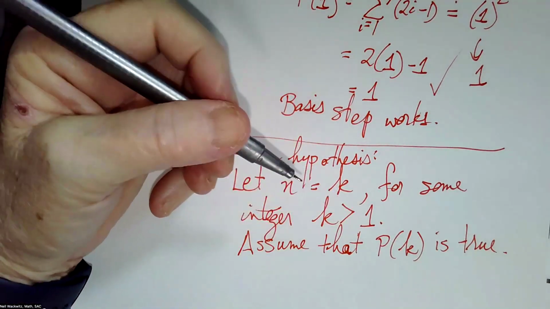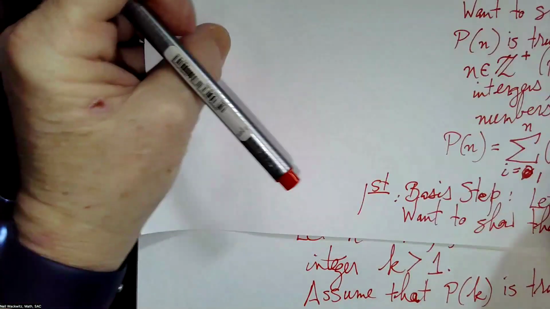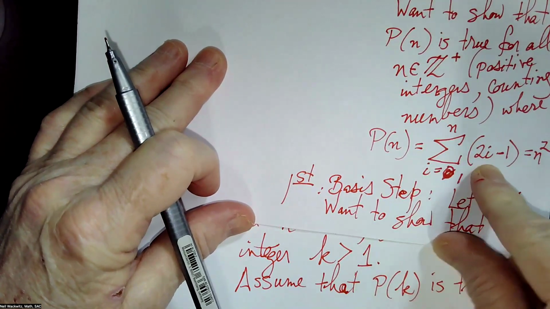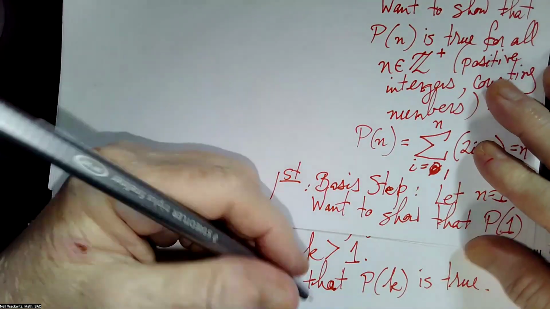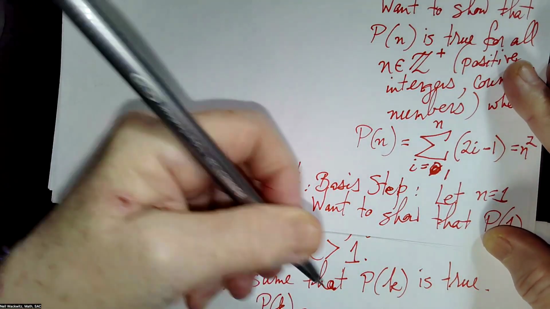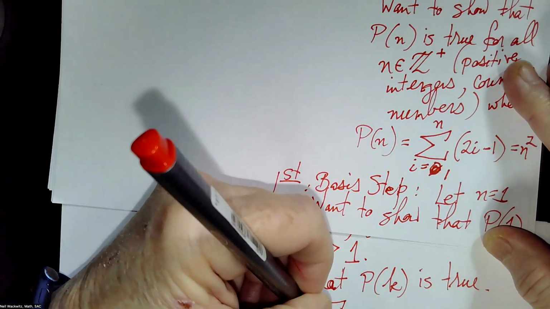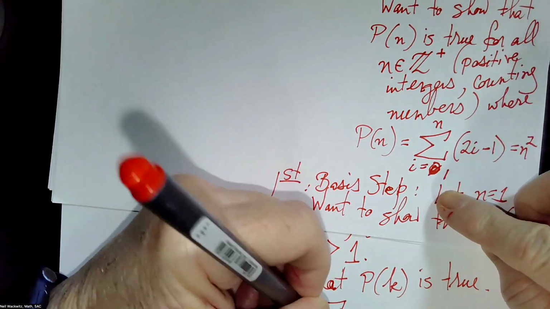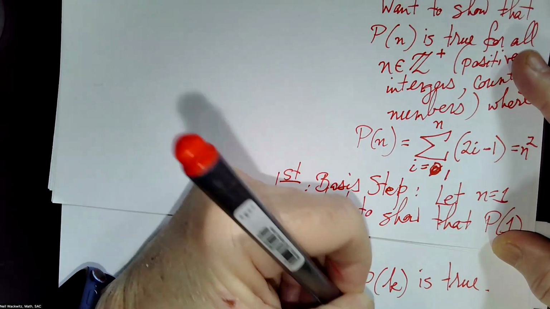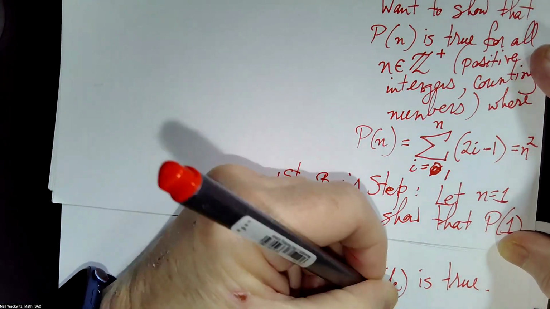P of k. I need to write it out because that's confusing to me. So P of k means I'm going to replace n's with k's. So let's see. P of k would be the sum as i goes from 1 to k of 2i minus 1.